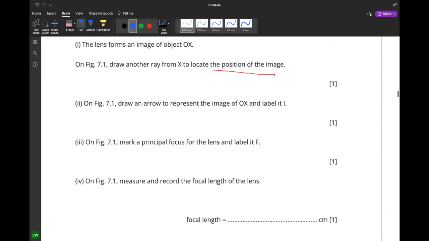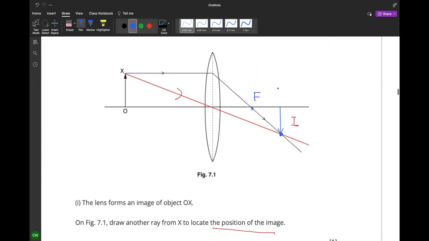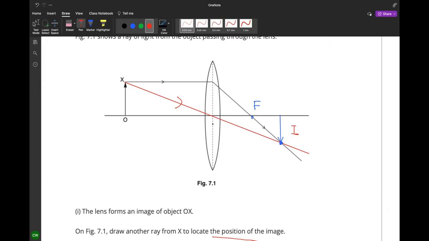And measure and record the focal length of the lens. Where is the focal length? The focal length is always from this optical center to this point. Can you measure the length from here to here? Okay, please try to measure. Try to measure and see.